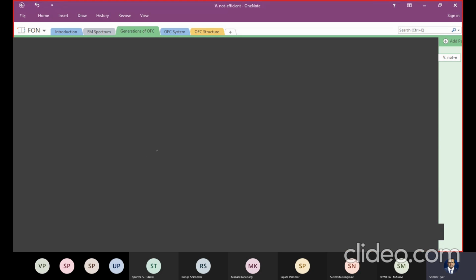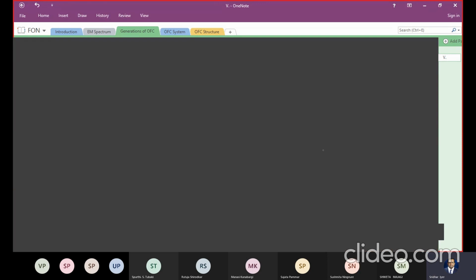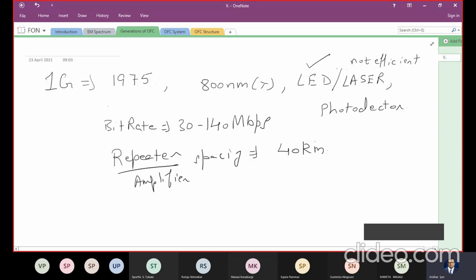The repeater. Repeater is another name for amplifier. The repeater spacing was about 40 kilometers. This implies that this kind of a system, the 1G system, required amplifiers to be spaced 40 kilometers apart.